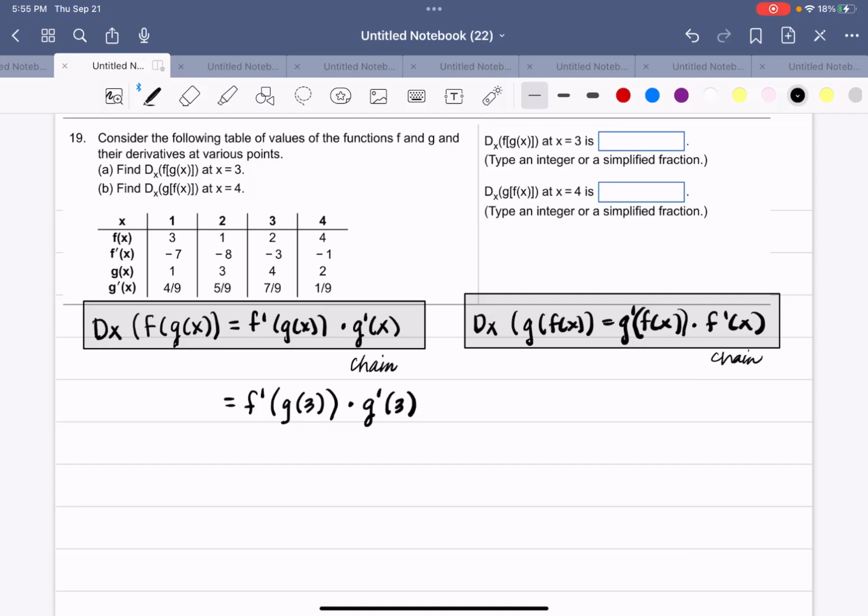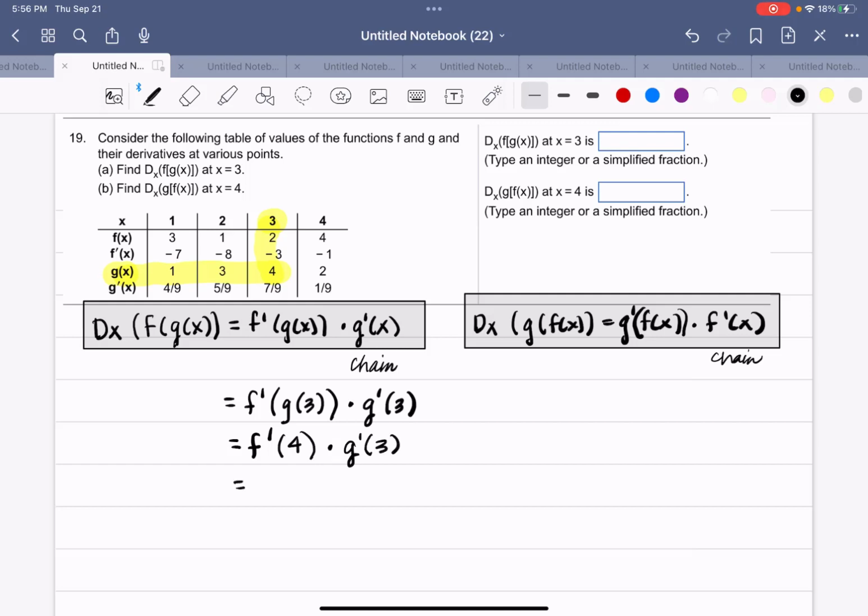Now I can't find f prime of g of 3 until I find g of 3. So it's going to be f prime, and I'll go to my chart, and I'll find g of 3, and I see that that is 4. So it's going to be f prime of 4 times g prime of 3.